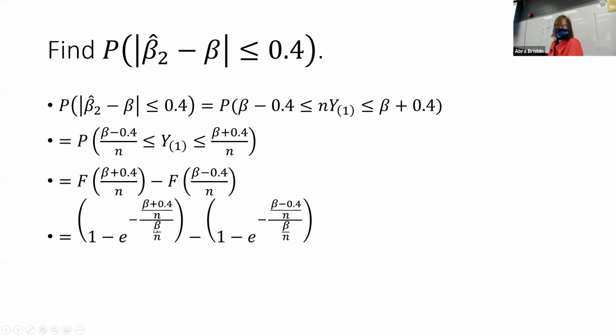So divided by beta over n. And then minus the same thing, but with the other endpoint. So this simplifies to e to the negative beta minus 0.4 over beta minus e to the negative beta plus 0.4 over beta.